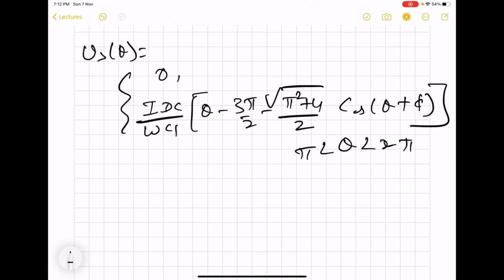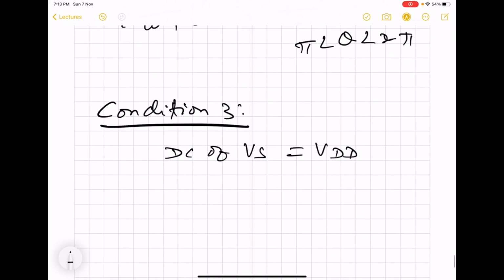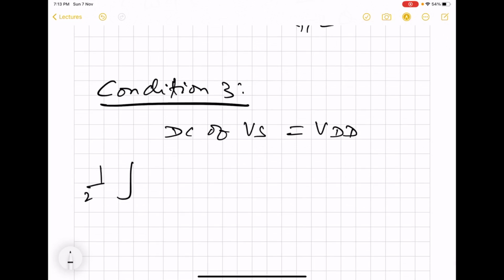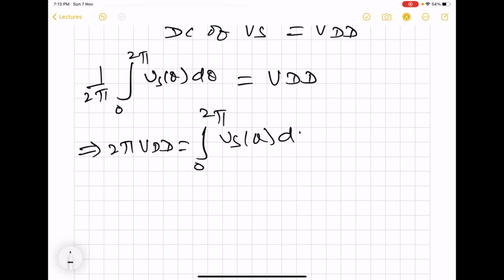Now we need to find out what is IDC. So we use condition 3. It says DC of Vs is equal to VDD. That means if you find out the average, this will be equal to VDD. Or we can say that 2 pi VDD is equal to the integral from 0 to 2 pi of Vs theta d theta.